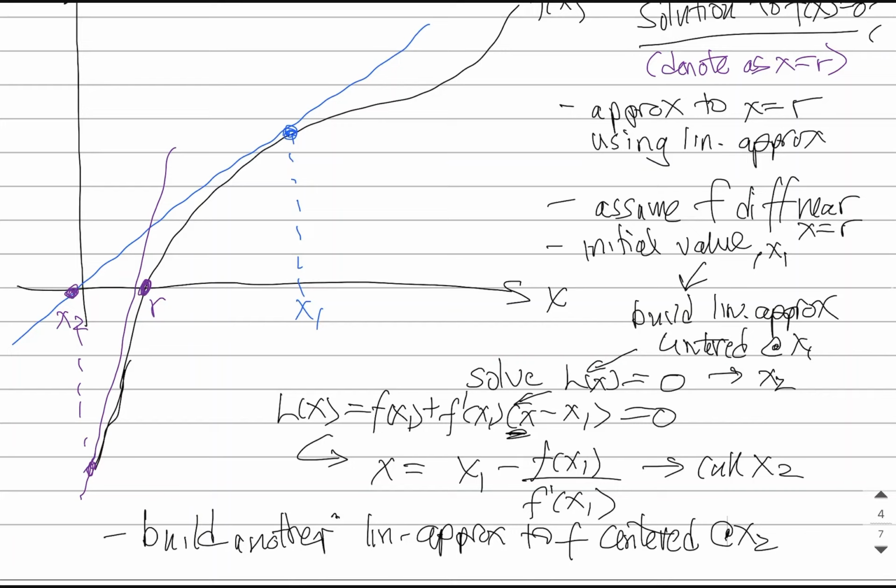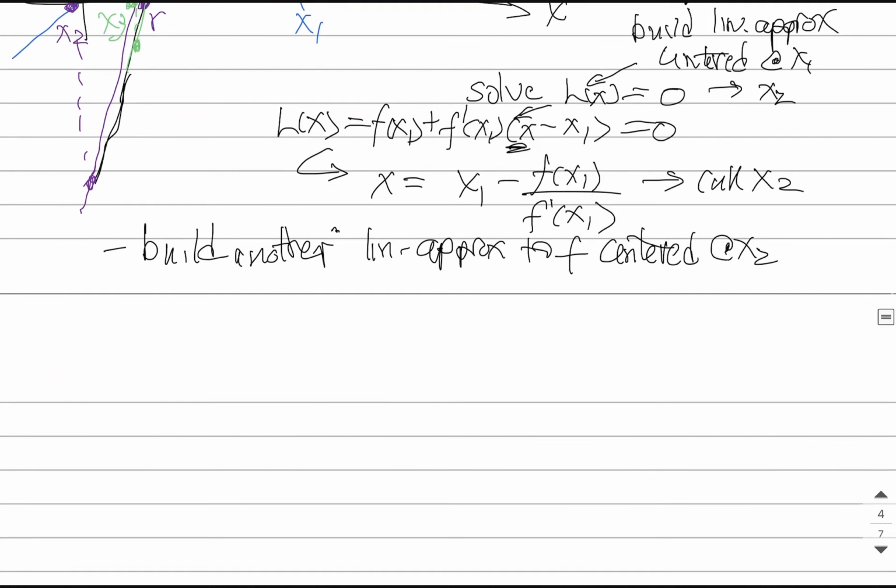Now here's the key idea. Where it crosses the axis is my next guess, x3. And if I were to then repeat the process, solve for that x3, and then draw a linear approximation, I would find that the more often I do this, the closer and closer the roots of the linear approximation get to the actual solution of my problem.